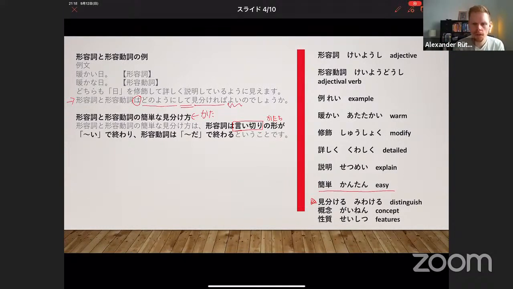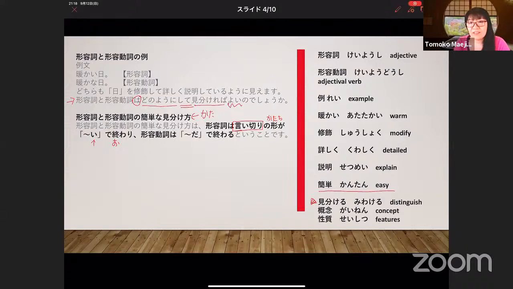Katachi ga い で, and this one you have there, 終わり. What does that mean? 終わり means end.